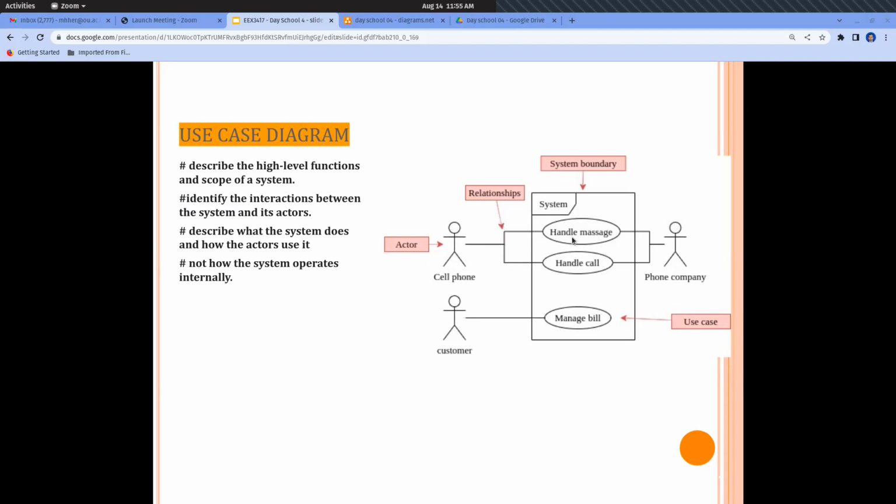Handling call is not from the customer; the customer connects only with the cell phone. Now the cell phone sends messages and calls to the company.